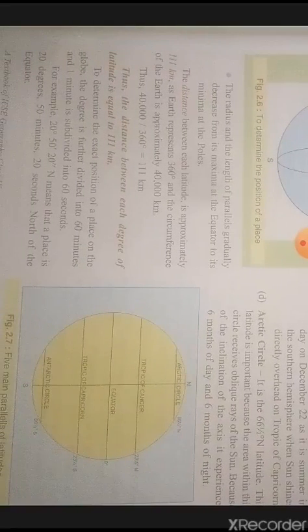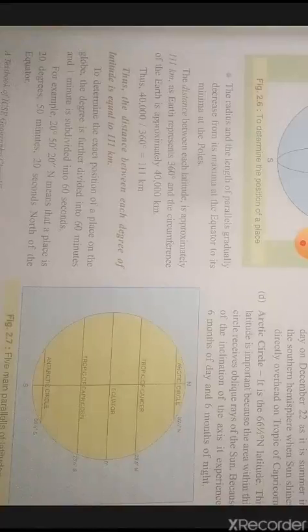Thus 40,000 divided by 360 degrees is equal to 111 km. The distance between two successive parallels of latitudes or each degree of latitude is equal to 111 km. To determine the exact position of a place on the globe, 1 degree is further divided into 60 minutes and 1 minute is divided into 60 seconds.